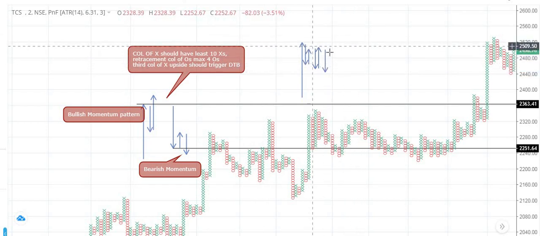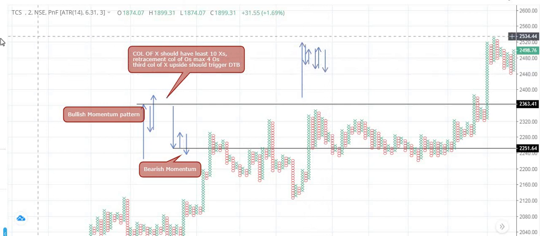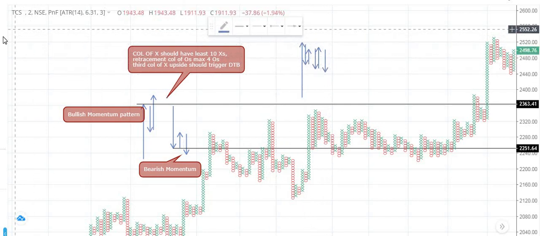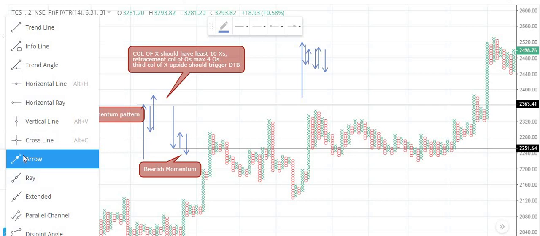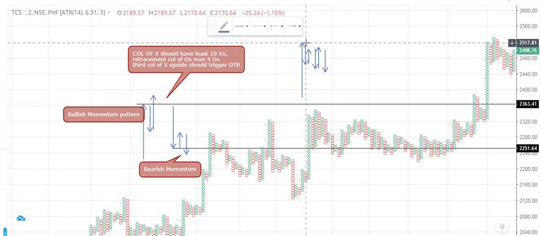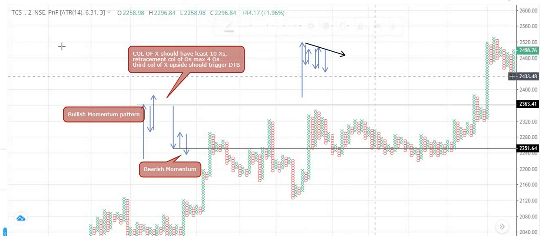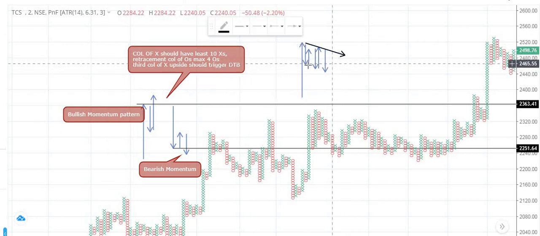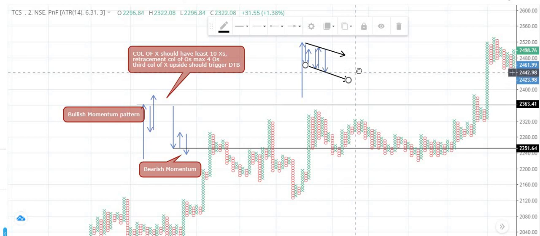I mean, it should be slanting down, something like this, right? It should be slanting down, something like this.